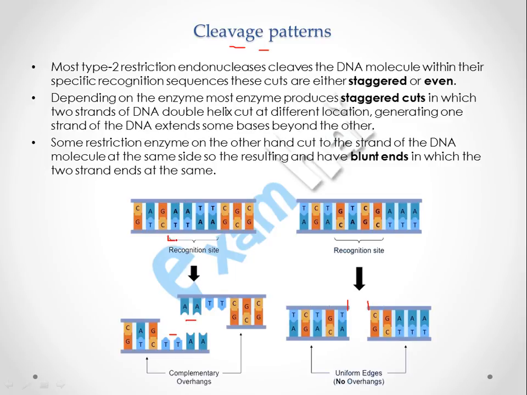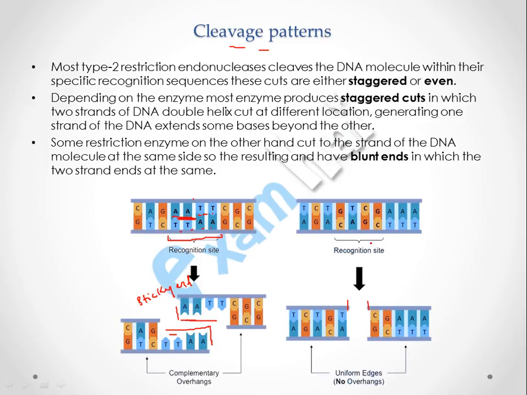This is a recognition pattern, and as you can see it is a palindrome sequence, AATT AATT. The restriction endonuclease makes a cut here, and a cut on this side. Like this it makes two ends, and it is a staggered or uneven cut, or we can say it creates a sticky end.